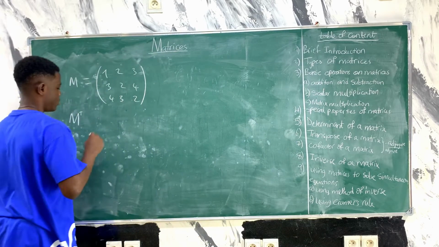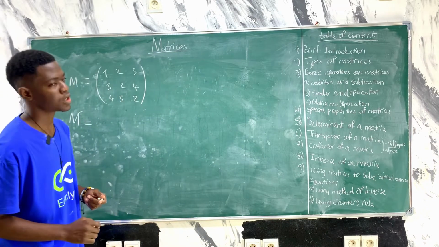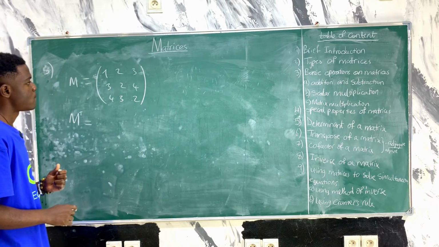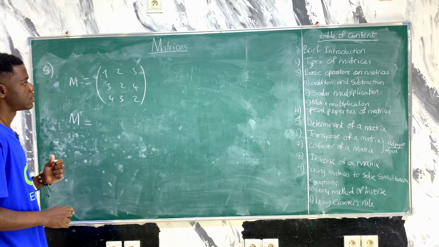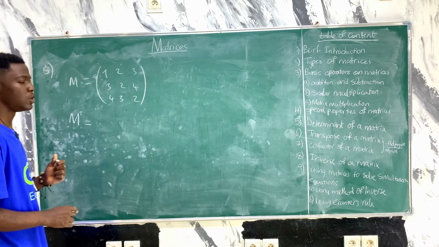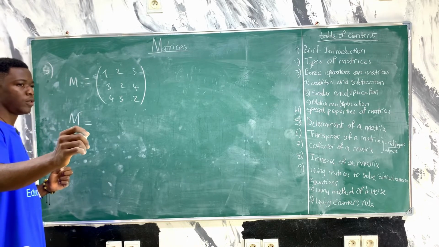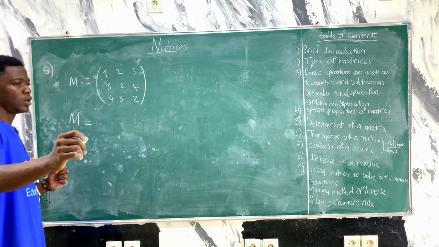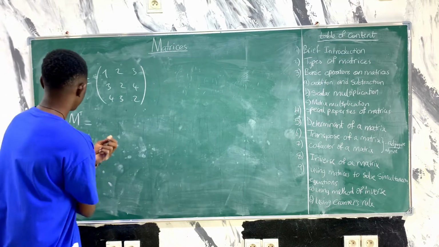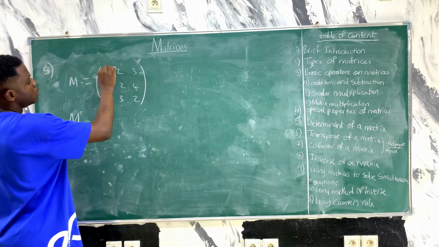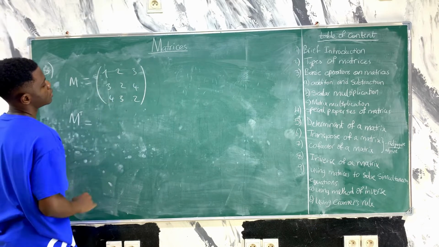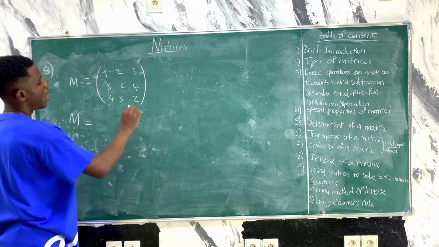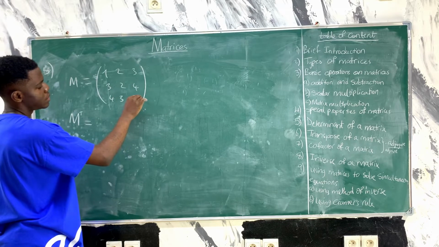Okay, so transpose of the matrix. How do we find the transpose of a matrix? Just like the way we were doing for determinant, we are going to take this one, cancel like this.